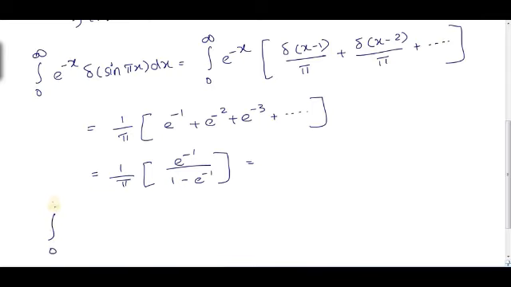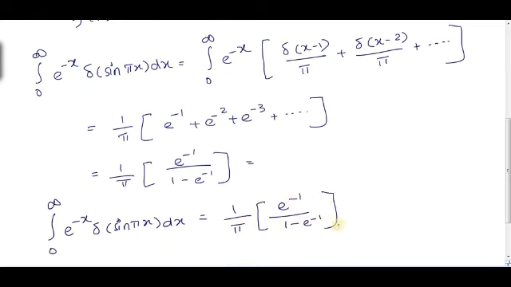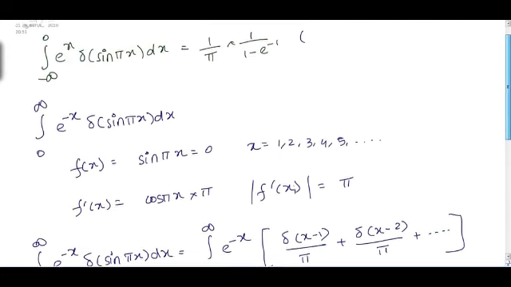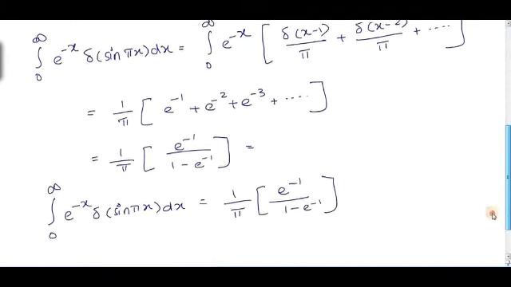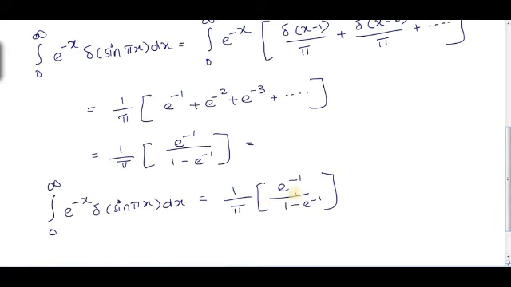The answer for the second integral, e power minus x del of sine pi x dx, is equal to 1 by pi e power minus 1 divided by 1 minus e power minus 1. So my first integration value is 1 by pi into 1 by 1 minus e power minus 1, and my second integration value is 1 by pi e power minus 1 divided by 1 minus e power minus 1.